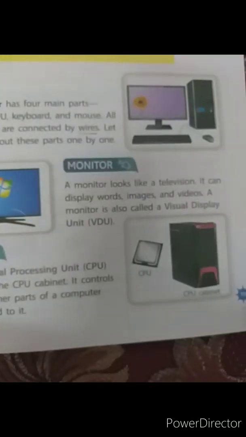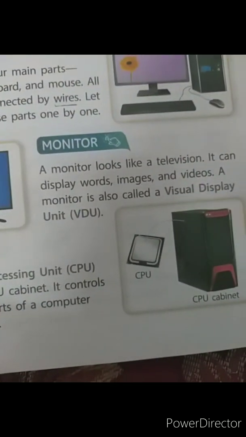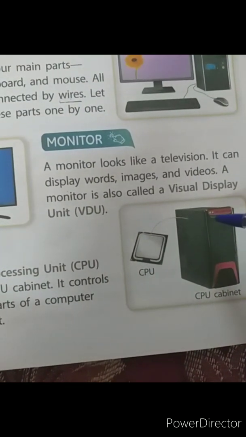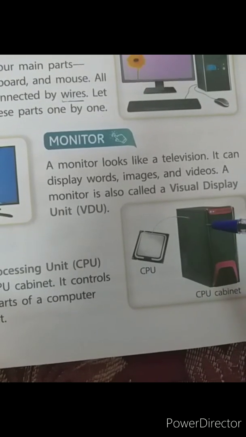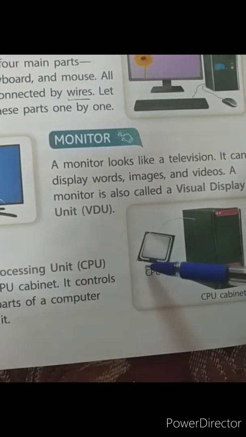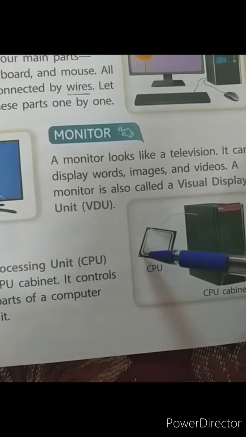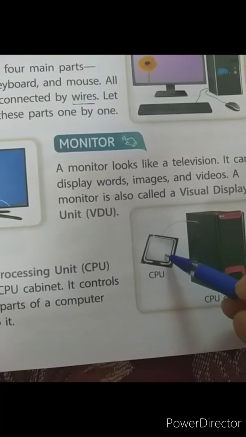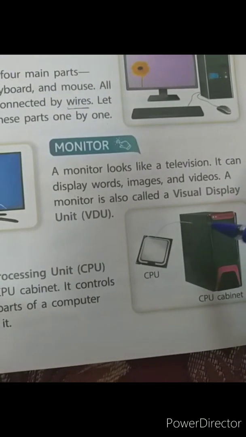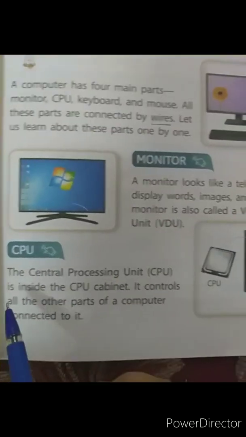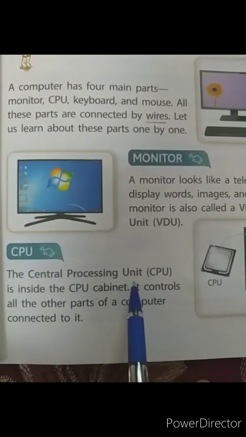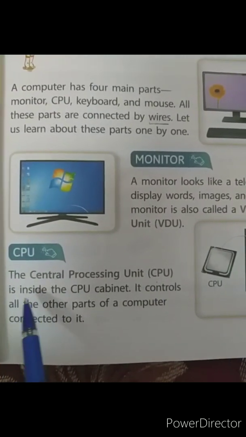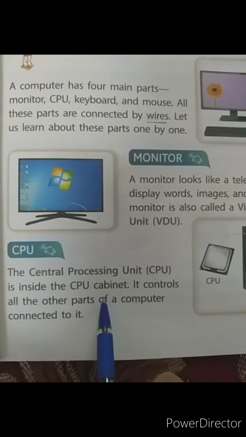Now come to the next part, that is CPU. Look at this picture. This is a CPU cabinet. Inside the cabinet, this is a CPU. This is a chip. This is inside the cabinet. It is a box. The central processing unit, in short we say CPU, is inside the CPU cabinet.